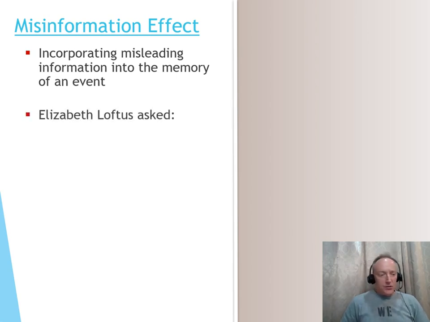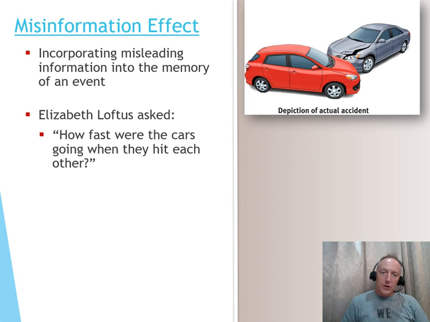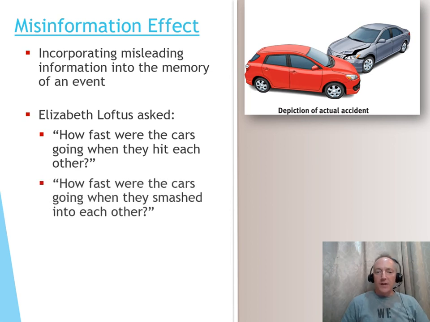And she showed participants in a study a depiction of a car accident. And then she randomly split her participants into two groups and asked one group how fast were the cars going when they hit each other, and the other group how fast were the cars going when they smashed into each other.